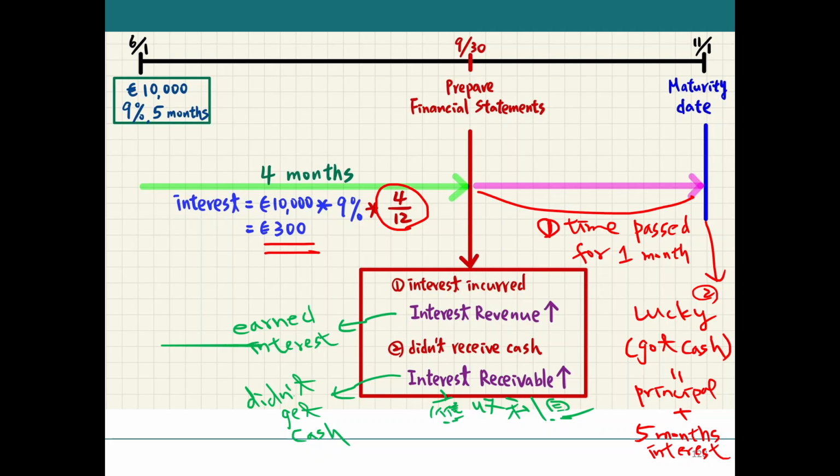No problem? Okay. So at the maturity day, what should we do? You should tell them you got the cash, principal, and 5-month interest. Then you have 1 month interest incurred. Since you are lucky, you got all the cash. Do they owe you money? No more. So all the receivables should disappear, decrease.